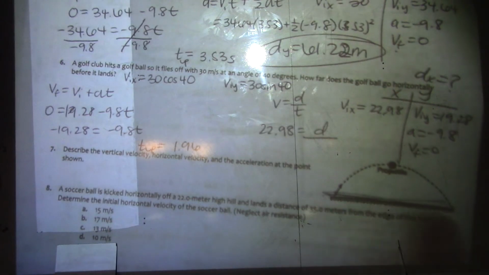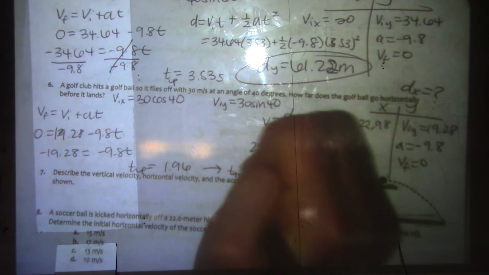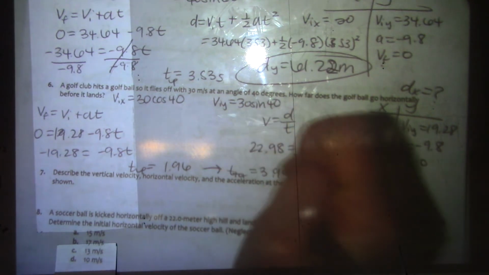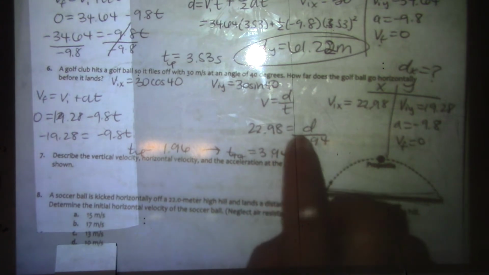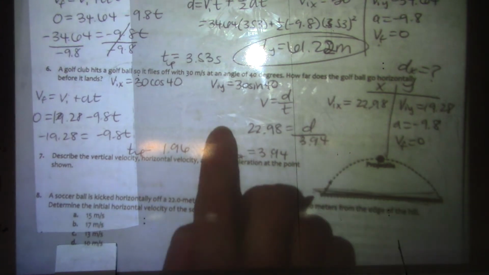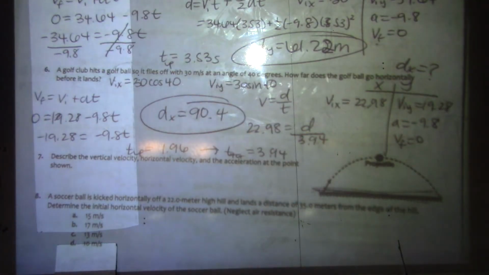Now for time, we want from the beginning all the way to the very end. That's only the time it takes to get to the top, so I need to double this to get t total, which is double that, 3.94. And that's what I want to plug into my equation. And then lastly, to get dx by itself, I multiply this up and I get your x distance is 90.4, but if you have slightly different decimals, no problem.